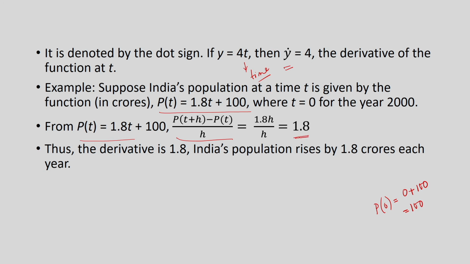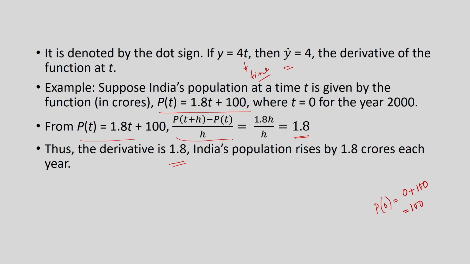And obviously, if you take the limit h going to 0, this 1.8 remains 1.8, because there is no h term here. So, that means that the derivative of this function with respect to t is 1.8. Okay. So, India's population rises at this rate 1.8 crore each year.